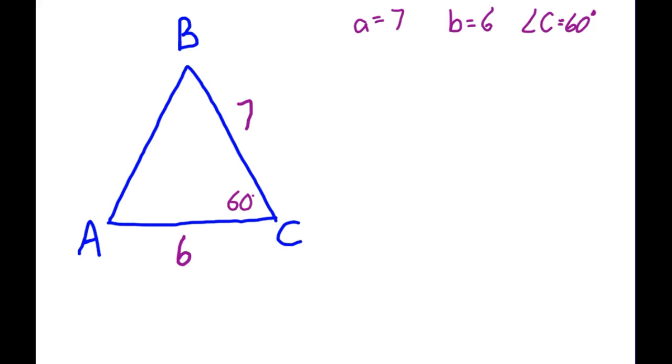So an example using that previous formula, if we have triangle ABC, we know side length A is 7 units, side length B is 6 units, and the angle between them, angle C, is 60 degrees. So the formula we can use is the area is equal to 1/2 times our two side lengths, so 1/2 times 6 times 7, and then we're going to multiply that by the sine of 60 degrees.